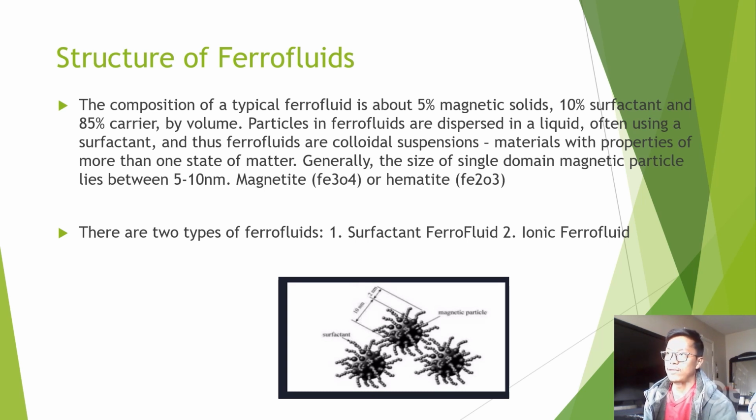Particles in ferrofluids are dispersed in a liquid, often using a surfactant, and thus ferrofluids are colloidal suspension materials with properties of more than one state of matter. Generally, the size of a single domain magnetic particle lies between 5 to 10 nanometers, and the magnetite is sometimes Fe3O4 or hematite is Fe2O3.